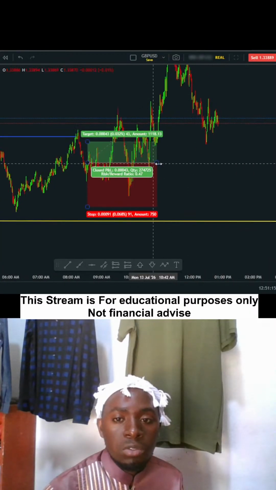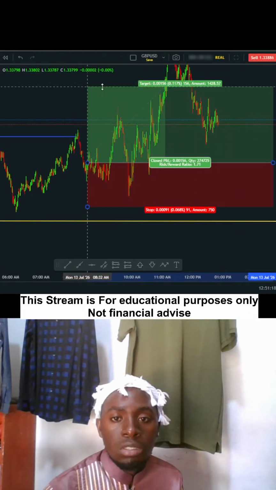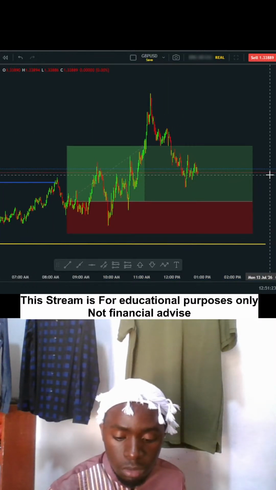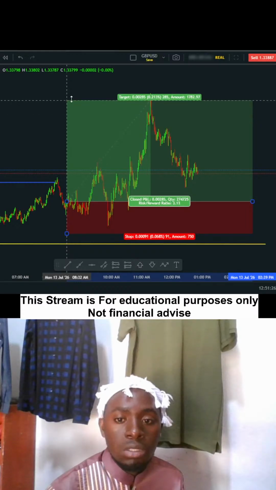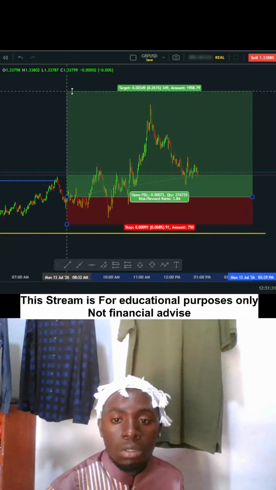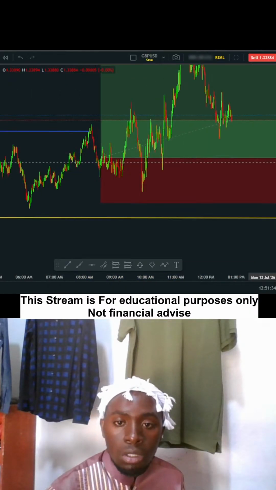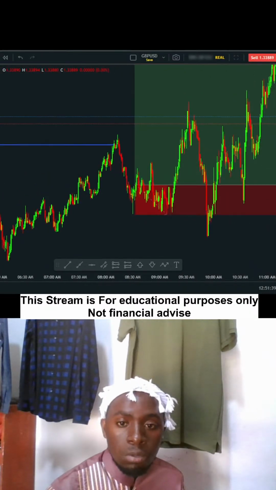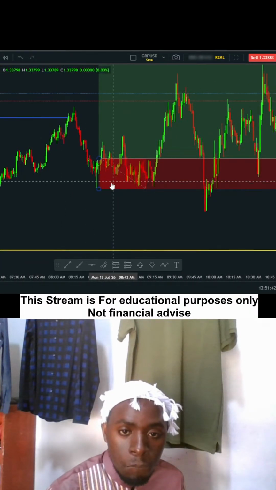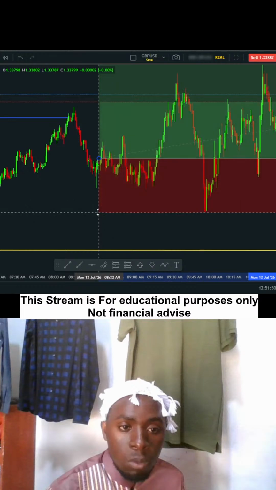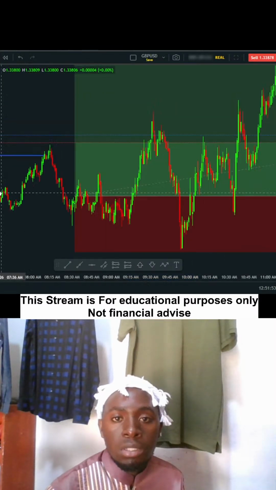I would have missed this trade, but let's see. Then I would be targeting the risk to reward. Let me see where I would put my stop loss and my TP.